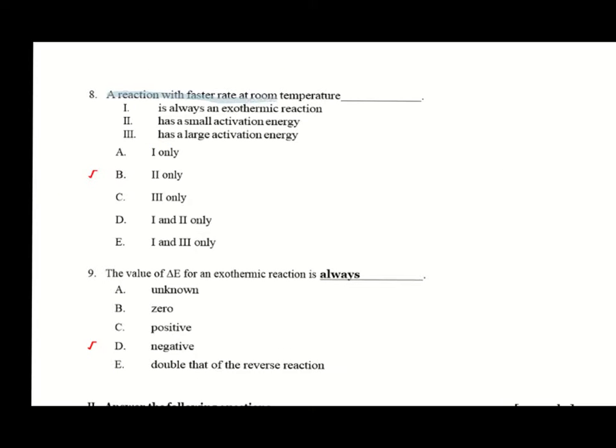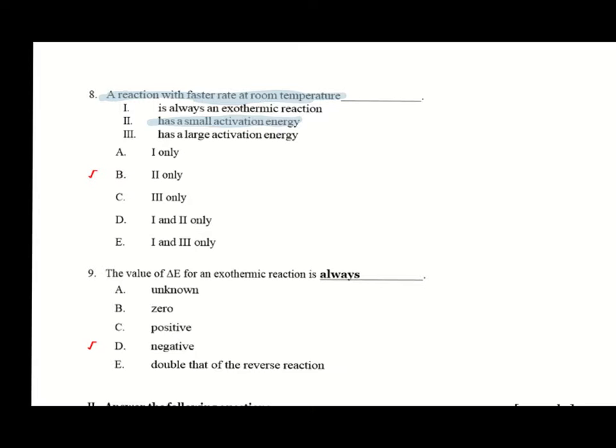A reaction with a faster rate at room temperature is always an exothermic reaction, or has a small activation energy, or has a large activation energy. The reaction which happens faster at room temperature means the activation energy should be very small, but it is not necessarily exothermic or endothermic.